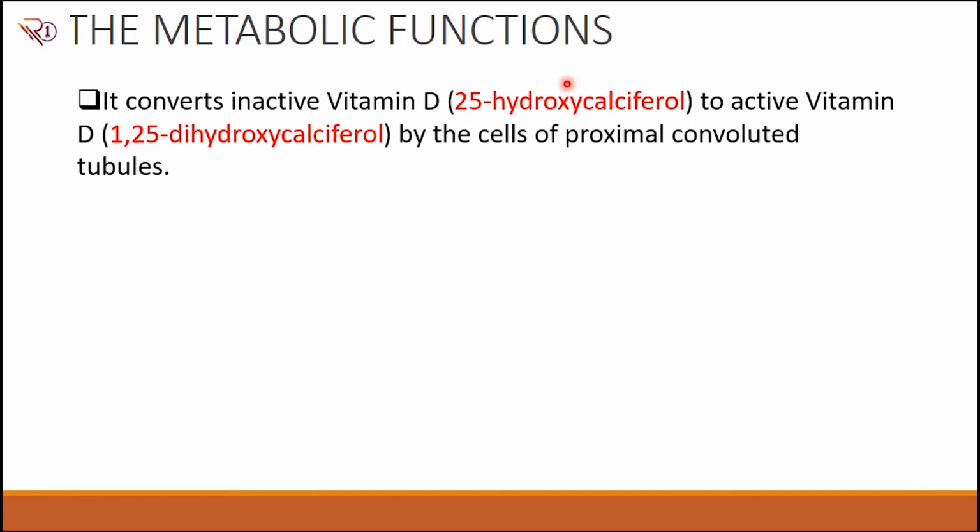As we know, this inactive form is produced by the liver at the carbon 25 position, but until it is activated, it cannot perform its functions. And it is the proximal convoluted tubule that activates this inactive form to 1,25-dihydroxycalciferol, and that is how the metabolic function of the kidney really works.